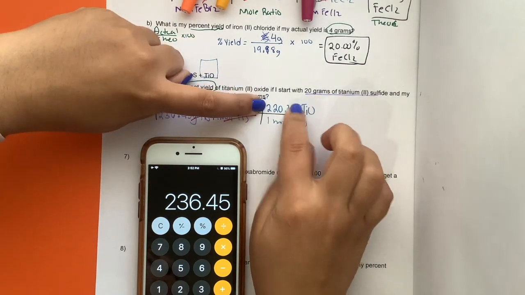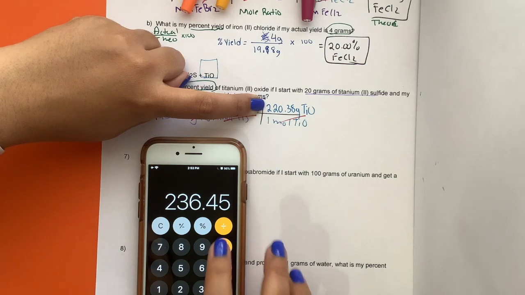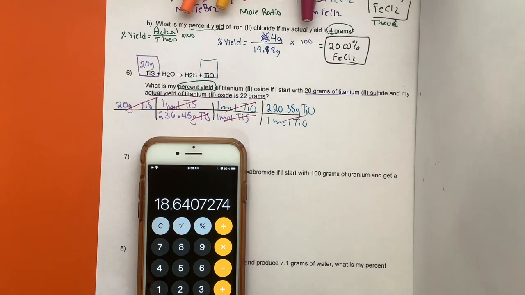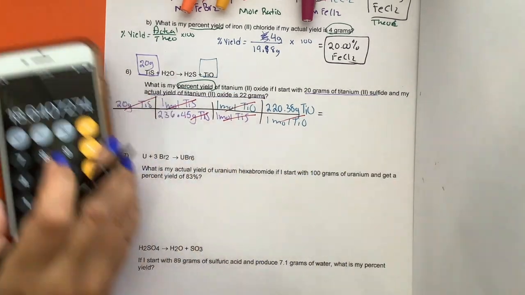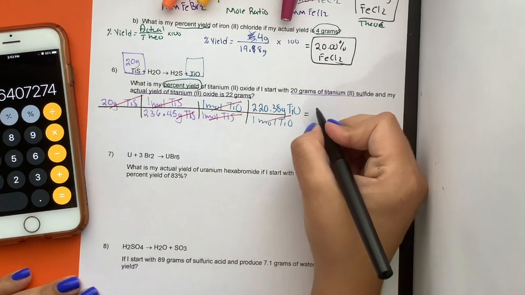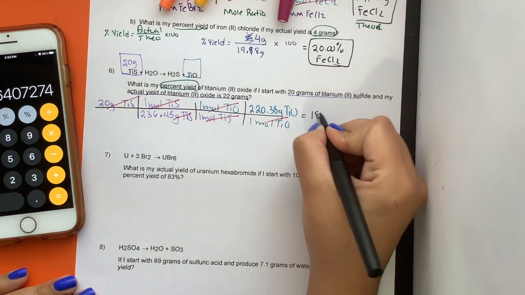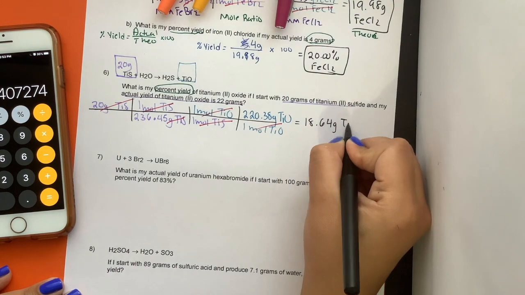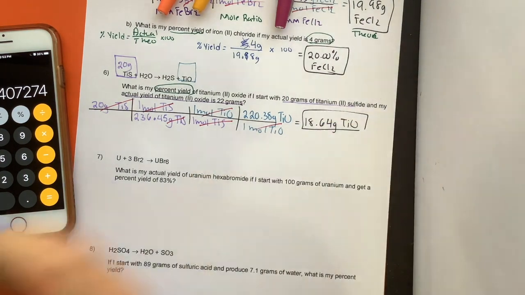On my final step, I have a number at the top, so I'm going to be multiplying by 220.38. Equals, and this is going to give me my theoretical yield. So my theoretical yield is 18.64 grams of TiO.